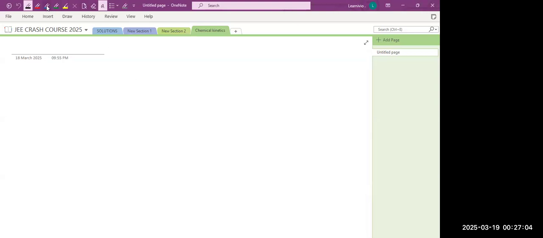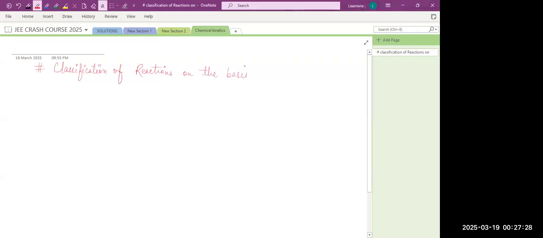And what are the classifications? We will do the theory part. After that, we will cover the numericals based on that, right? First, see the classification of reactions on the basis of rate of reaction.